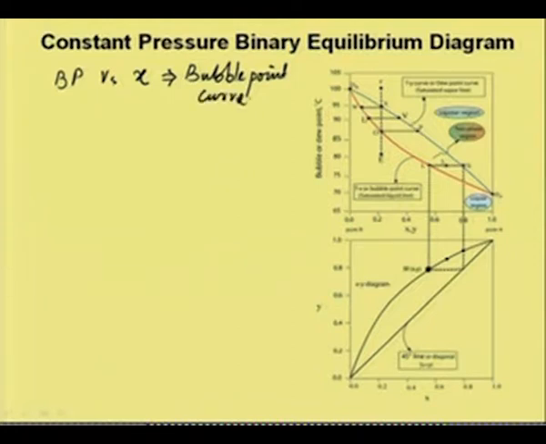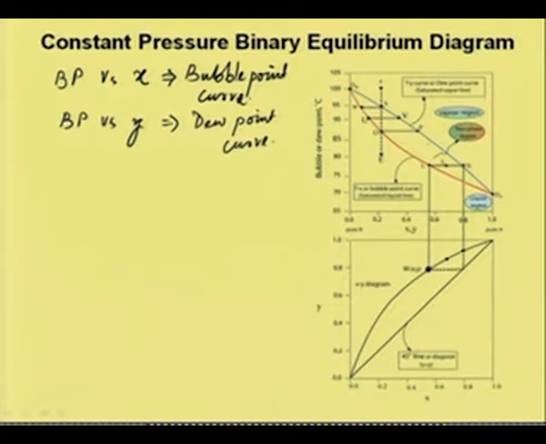Now, if we plot boiling point versus Y, then it is the dew point curve. A typical bubble point and dew point curve is plotted here.